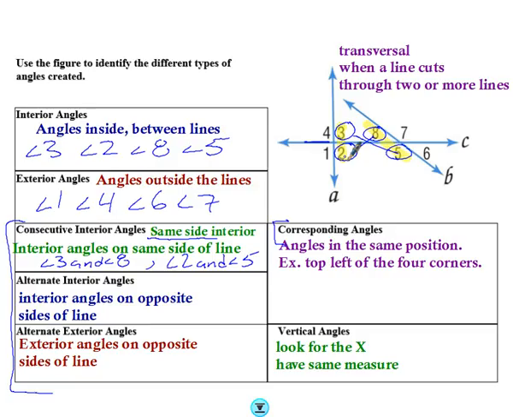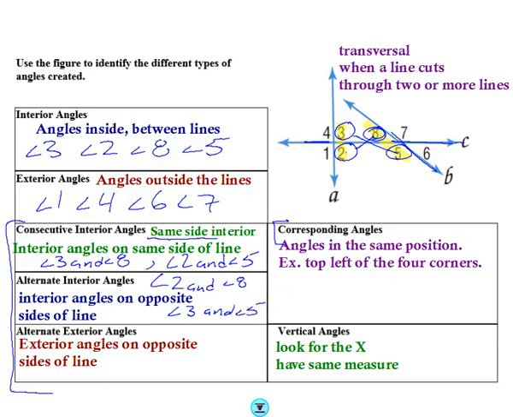So angle 2 and angle 8. 2 is sort of associated with line A and line C, and then 8 is associated with line C and line B. So they're on alternating sides of that transversal. So I could say angle 2 and angle 8, and I could also say angle 3 and angle 5.